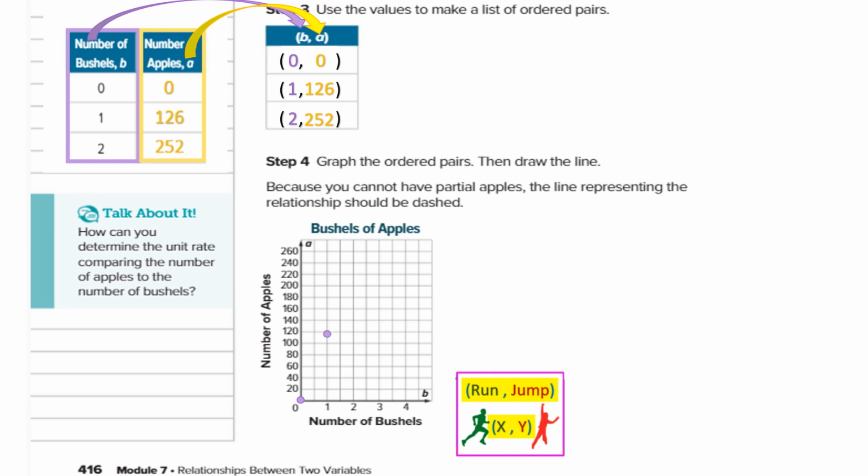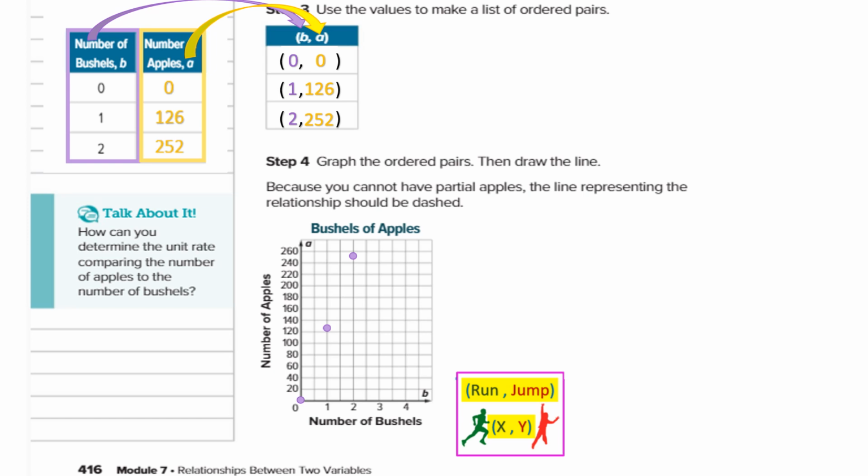Now, these are not exact numbers, right? These are just going to be approximate where about 126 might be. And then my third ordered pair is (2, 252). So I have to start at (0, 0), run forward to the 2, and then I have to jump up to 252. Once again, it's just an approximate area where it might be.